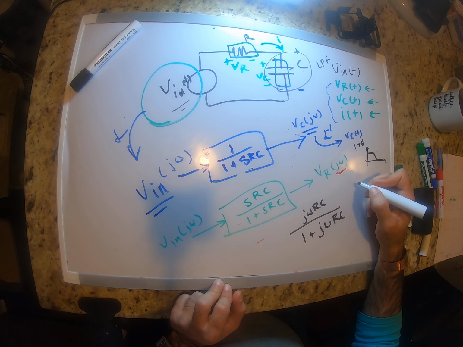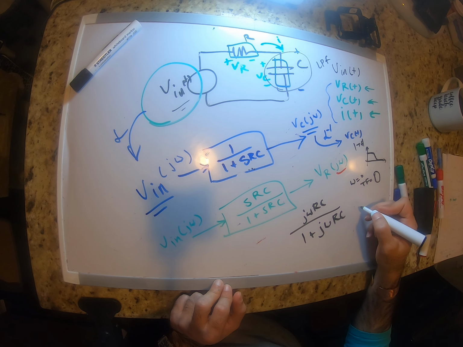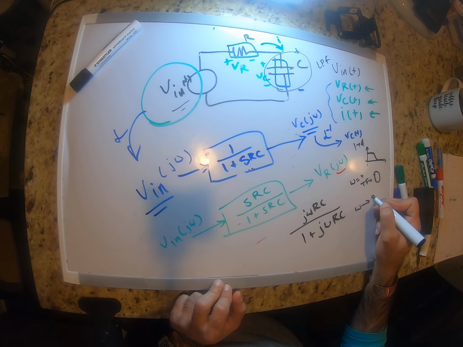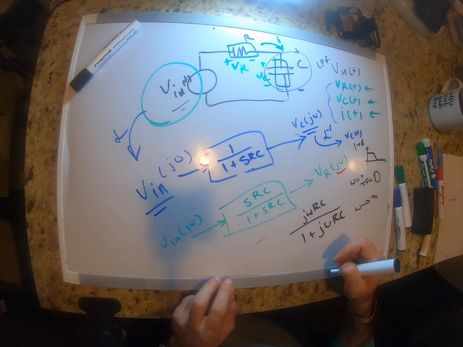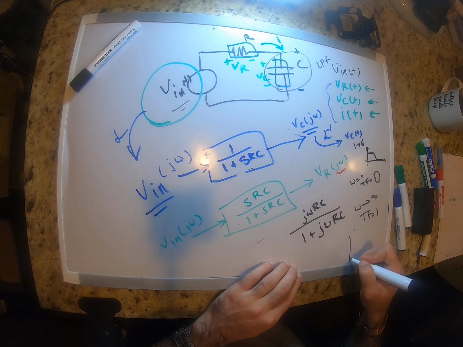So if omega is equal to 0, the transfer function is 0. If omega moves to infinity, basically you can ignore this term, and your transfer function is going to be 1. So in this case, we have the opposite, right?